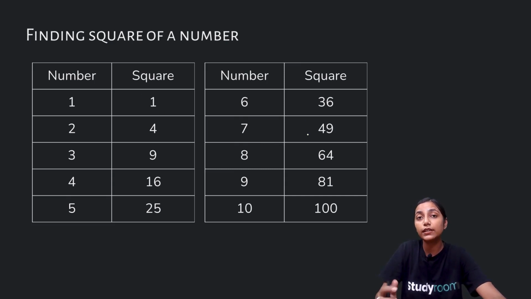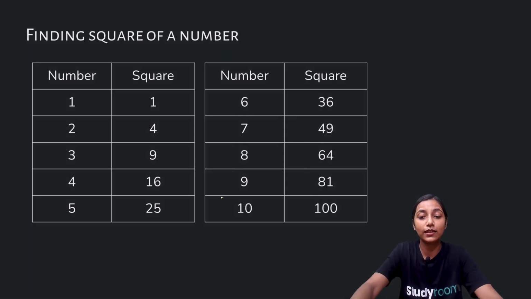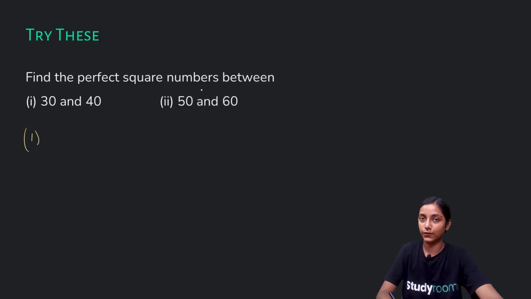Because they are the square of some natural number. You can see 1, 2, 3, 4, 5, 6, 7, 8, 9, 10 are all natural numbers, and their squares give us these values. So these are called perfect squares because they are the squares of natural numbers.